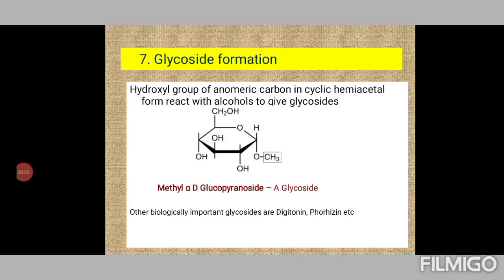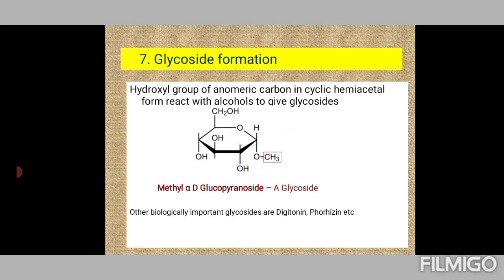Now, glycoside formation by monosaccharides. The hydroxyl group that is attached to the anomeric carbon atom of carbohydrates in solution shows an unusual reactivity, and the derivatives called glycosides can be formed from this OH group attached to the anomeric carbon.